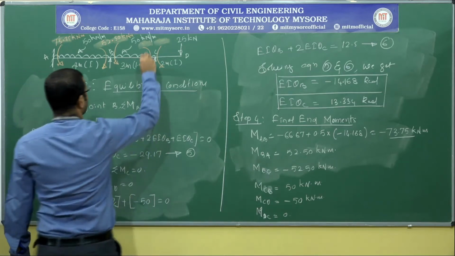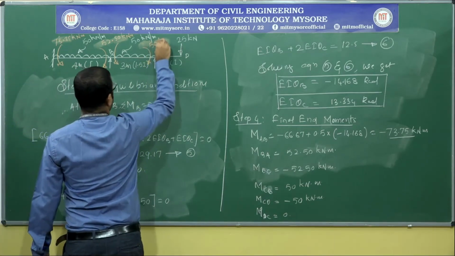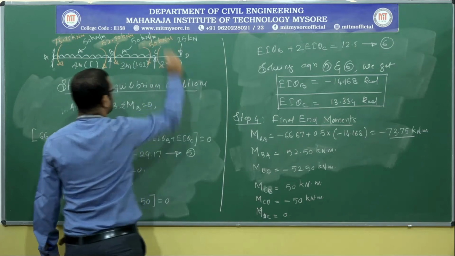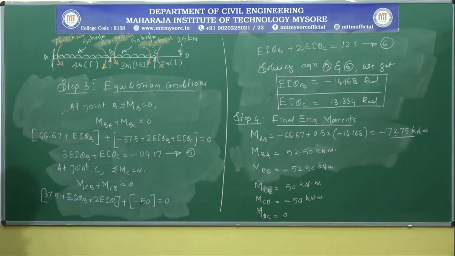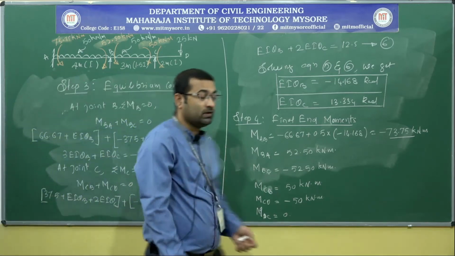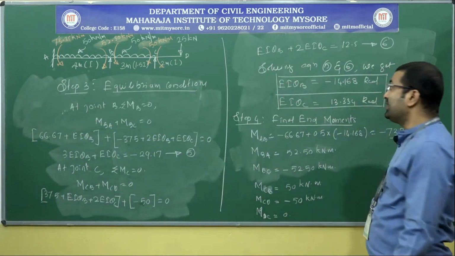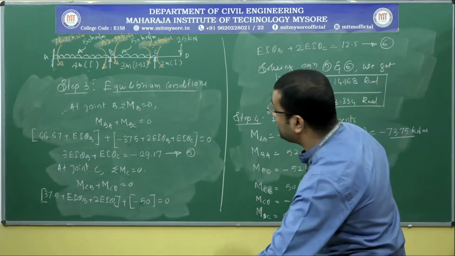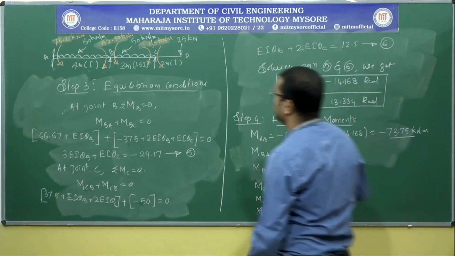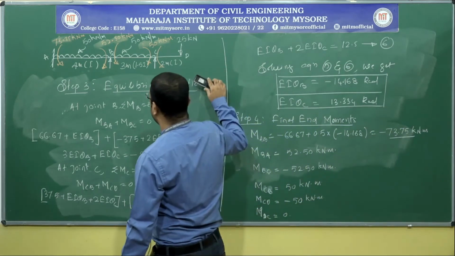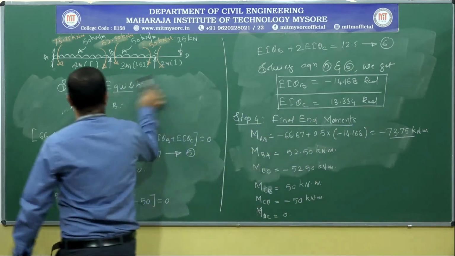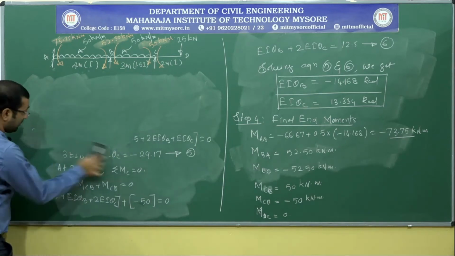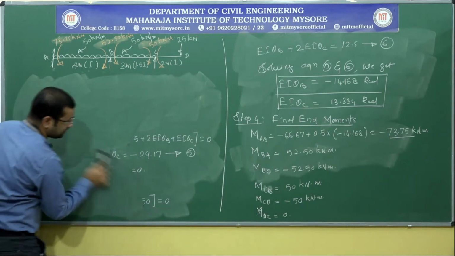The magnitude is 50 kilonewton meter. Once we represent these, we can use these end moments to calculate the support reactions and also the maximum bending moment in the beam.